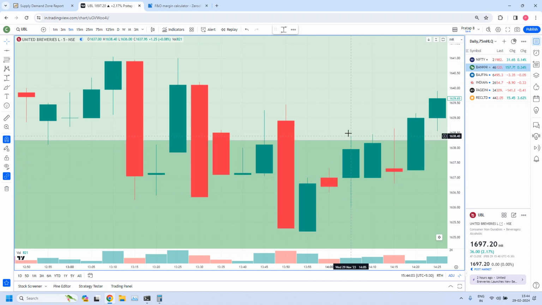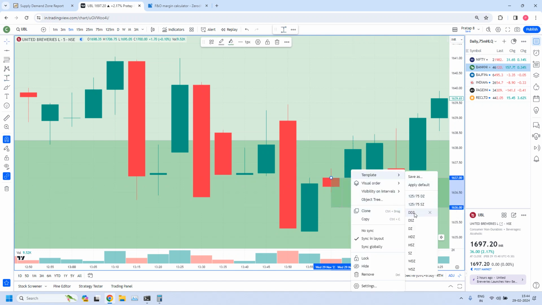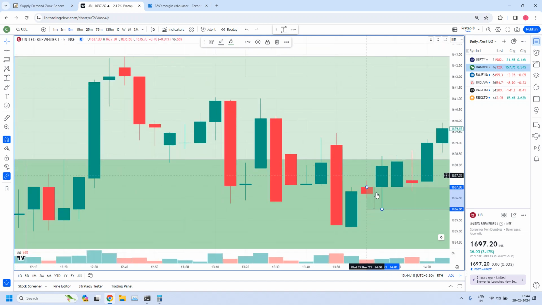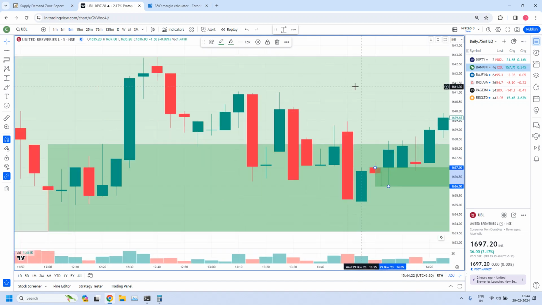You can consider this as an ERC candle having sufficient body. You can consider this as a leg-in. If that is the case, you can draw a zone like this. This is a daily demand zone. This is a 5 minutes demand zone, DZ.